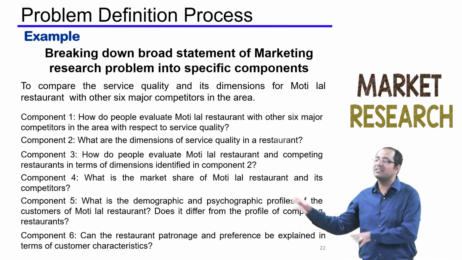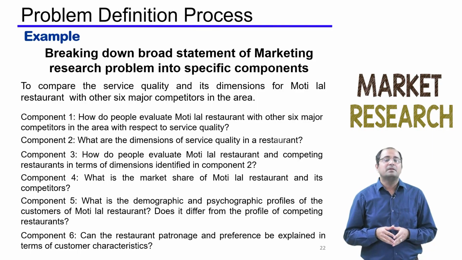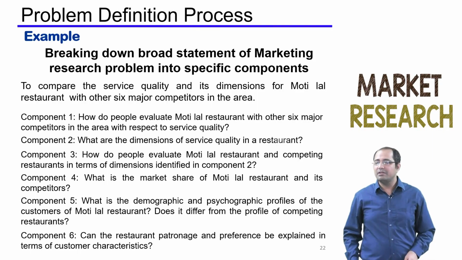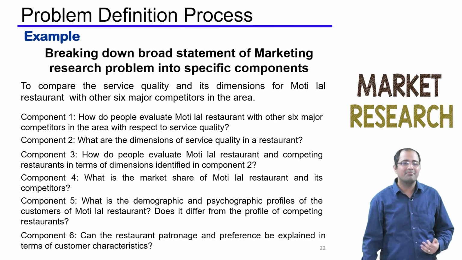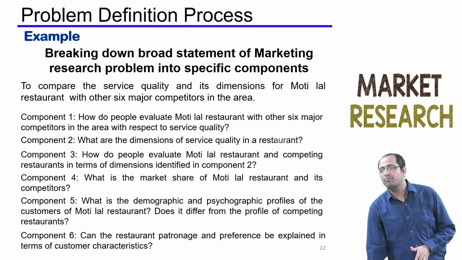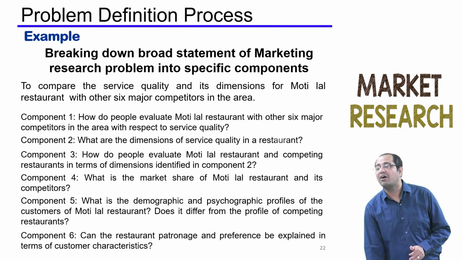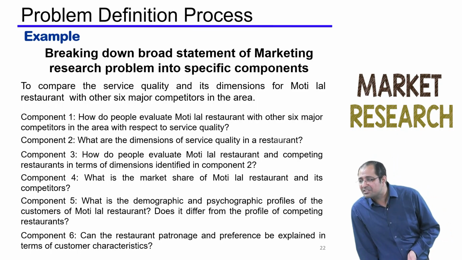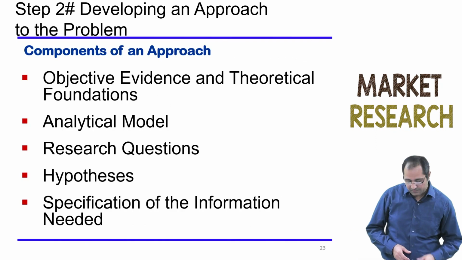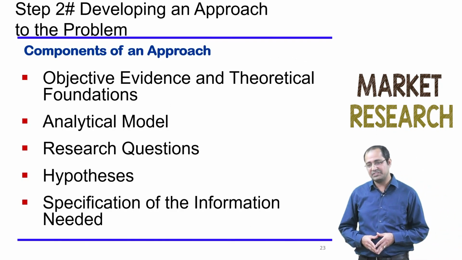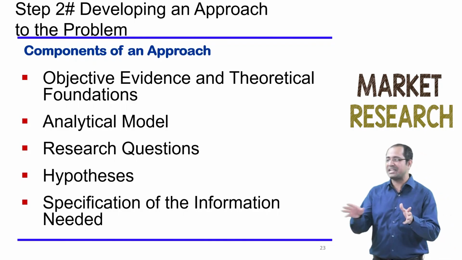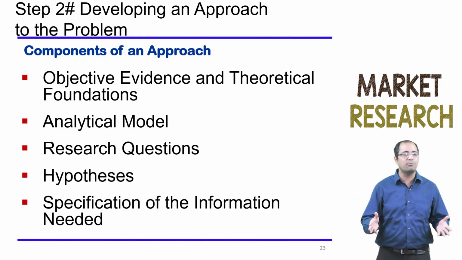Now here it is only a trailer. So see, when you are able to define the marketing research problem and break it down into such components, this is the starting of how you could do consulting for certain issues or certain businesses. The second one is developing an approach. So step number 1 is over after we have defined the components.